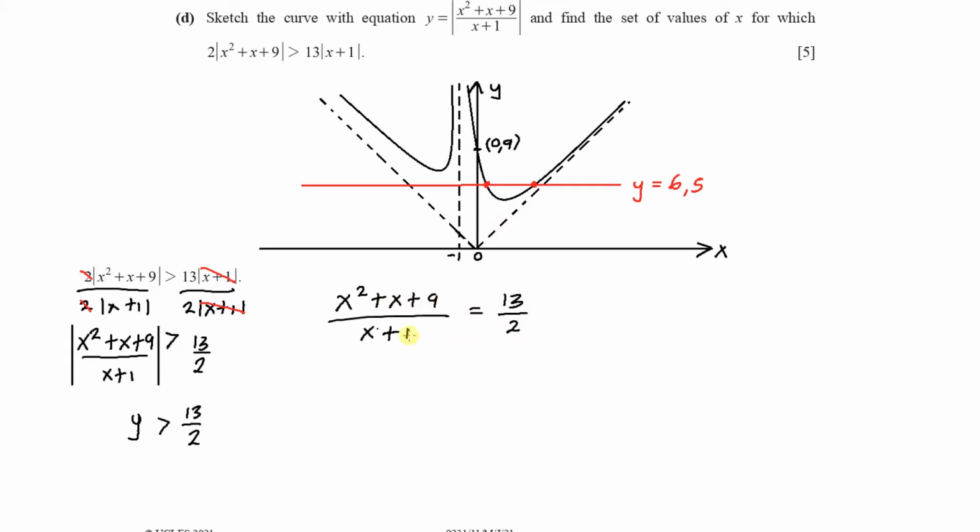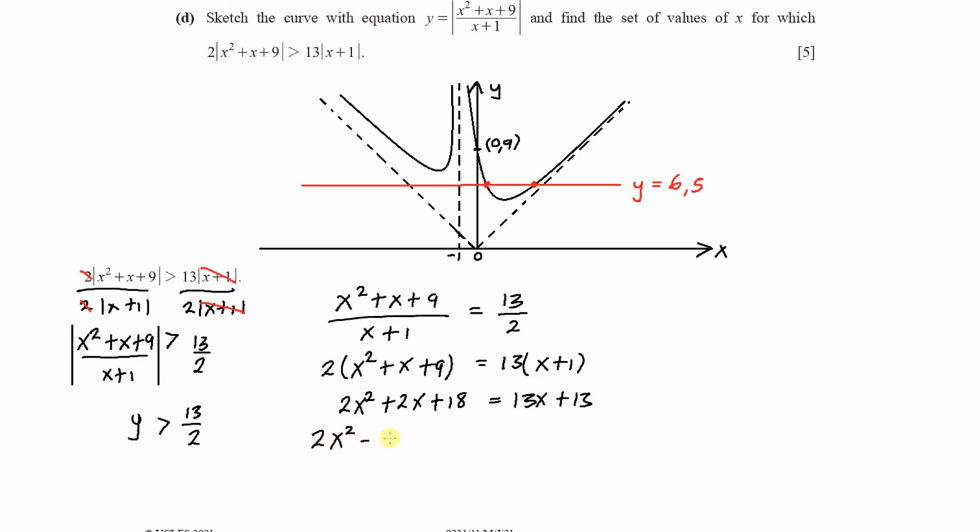So if I cross multiply, then I'll get 2(x squared plus x plus 9) is equal to 13(x plus 1). So that's 2x squared plus 2x plus 18 is equal to 13x plus 13. So that's 2x squared minus 11x plus 5 is equal to 0.